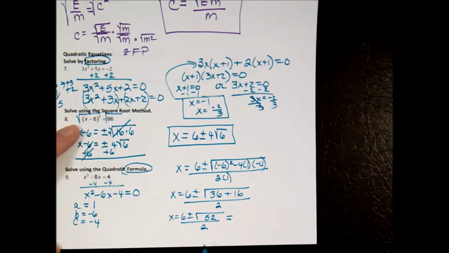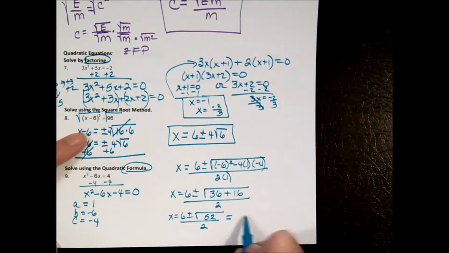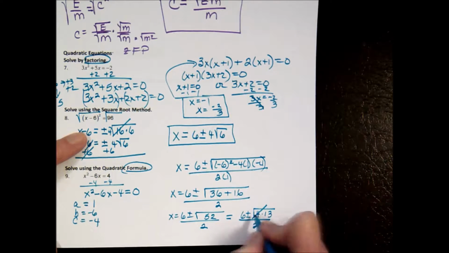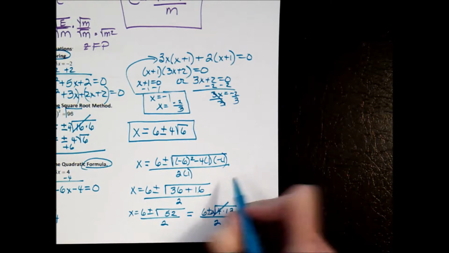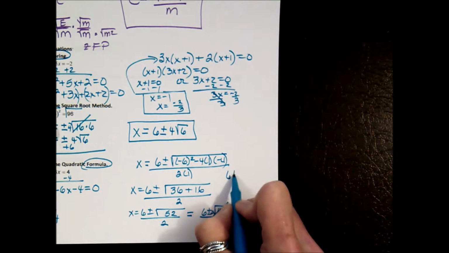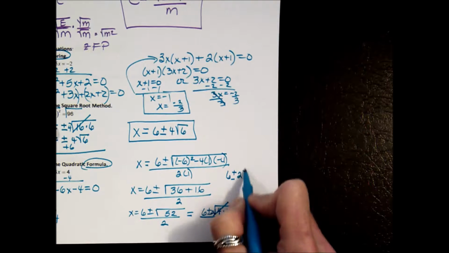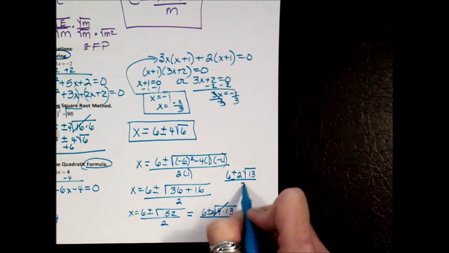Now you may not realize that 52 has a perfect square factor, so it's 6 plus or minus the square root of 4 times 13. That's 52 all over 2. This comes out, and I'm running out of space, so let's scoot over here, and I have 6 plus or minus 2 radical 13 all over 2.